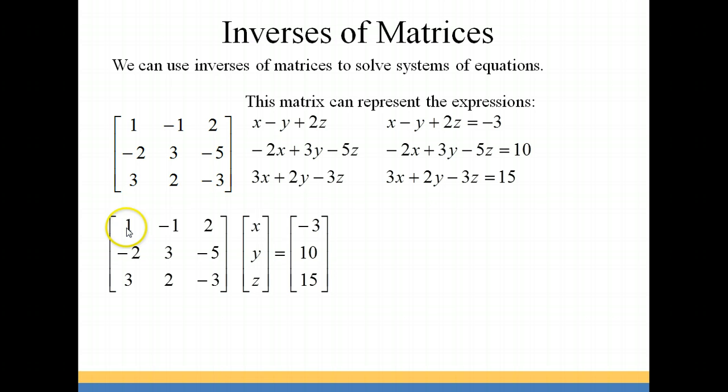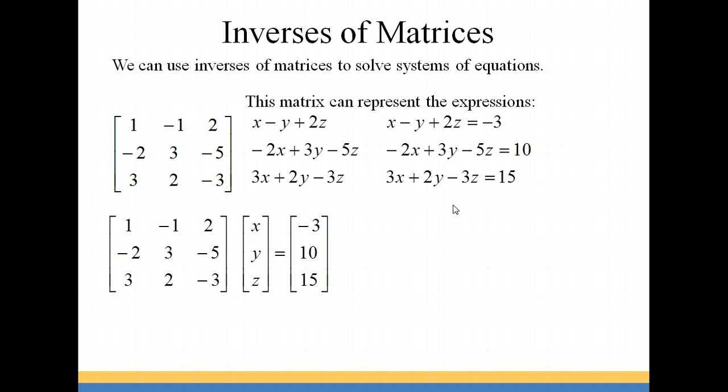So our first row would be 1 times x plus negative 1 times y plus 2 times z, which gives us our first equation here equal to negative 3. Then your second row times xyz is going to give you the second equation that we had here, and the same for the third. So this is our matrix representation of a system of equations.